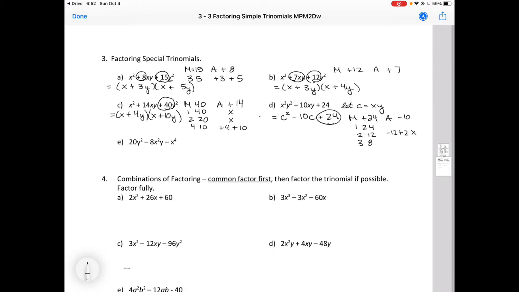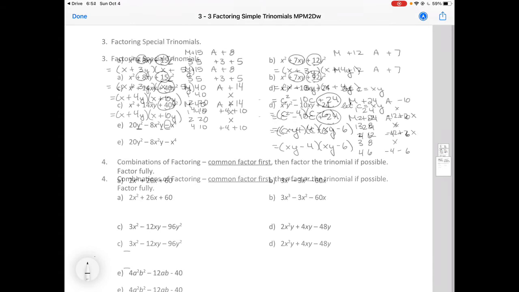I've got 3 and 8, which does not add to 10. Then I've got 4 and 6. That can add to minus 10 if I have minus 4 and minus 6, which multiplies to positive 24. So now I can write my expression as c minus 4 times c minus 6, but I know that c is really xy, so then I can put my original variables back.